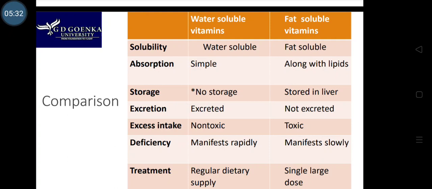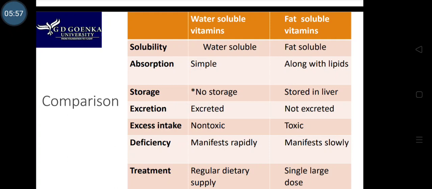Now storage: water soluble vitamins are not stored in the human body, and if there is excess, it is excreted out. Fat soluble vitamins are stored in the liver and are not excreted. Whatever you take gets stored in the liver.